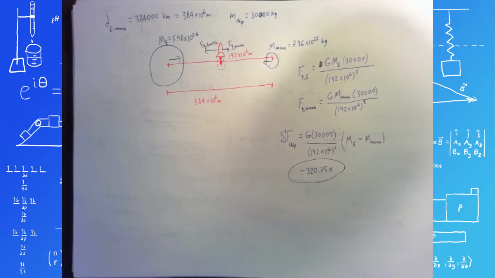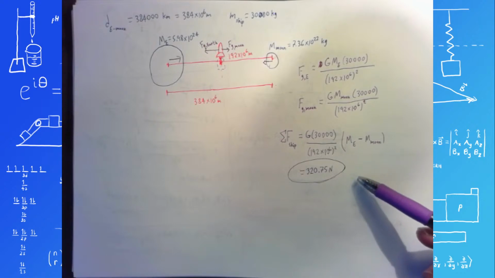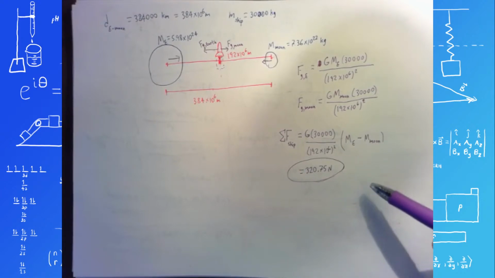I mean, you're 192 million meters away from both. At that distance, I expect the gravitational force to be relatively weak. If we calculate how much acceleration this is, if you take this net force divided by the mass of the ship, then you get a very, very small acceleration.